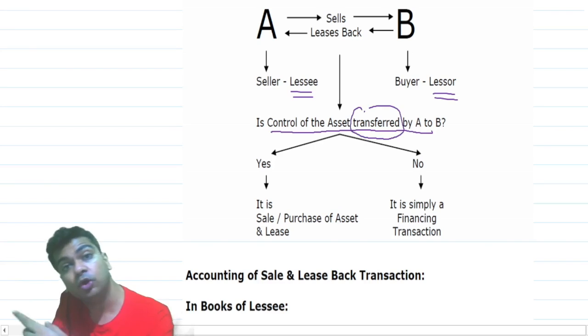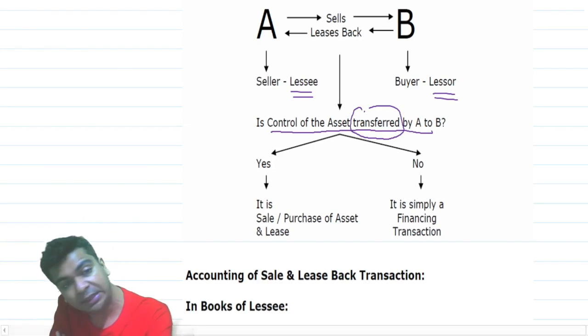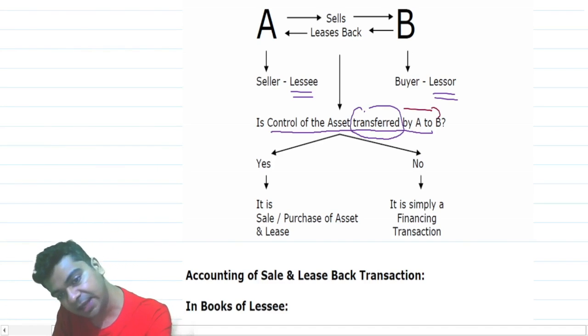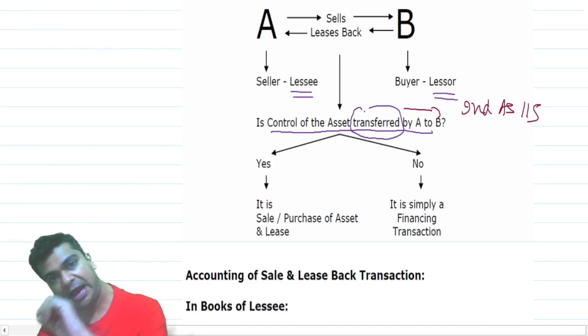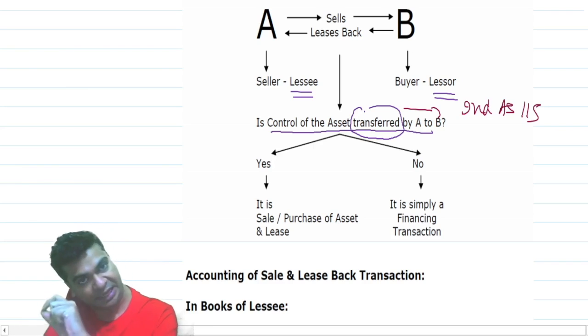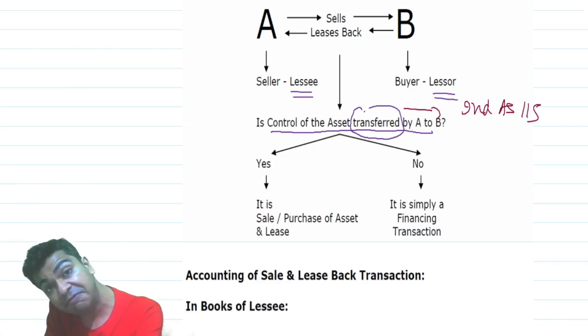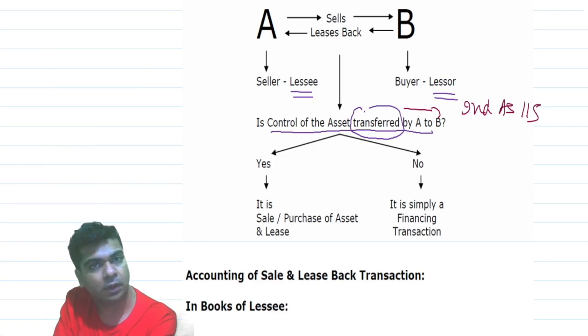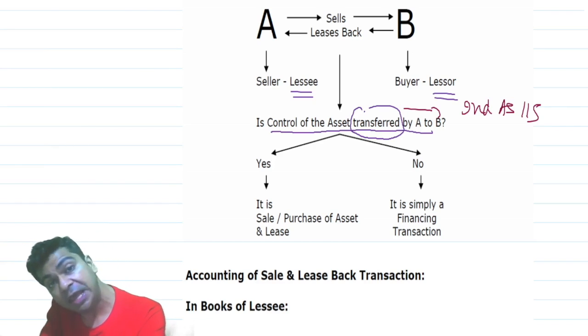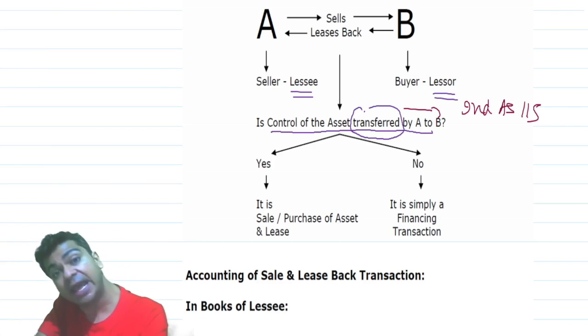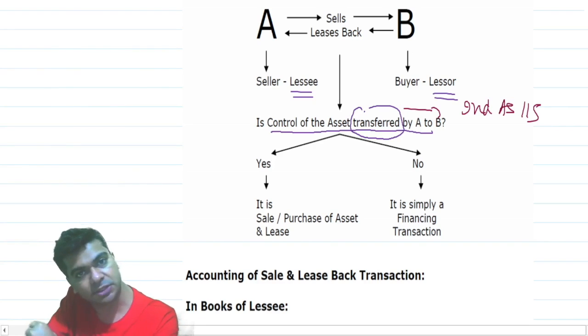Now, whether control is getting transferred or not, this will be decided by Ind AS 115, Revenue from Contracts with Customers. Ind AS 115 has laid down the conditions, or I will say laid down the framework, where we can consider whether the control has been transferred or not. You only ask yourself, if you are buying some asset, when can you say you are controlling the asset?